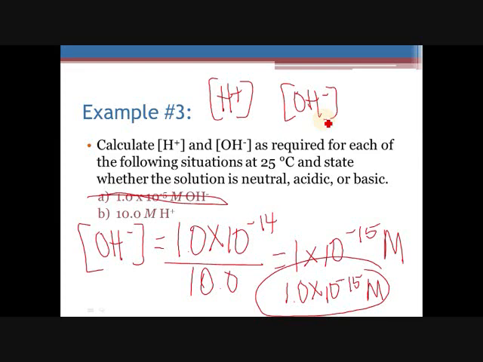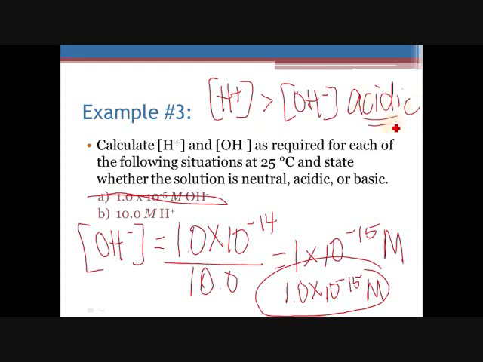Comparing the exponents, I've got negative 15 on my OH, which is very, very small, and then I have a 10, so I have greater than 1 here. That's extremely big compared to the OH. So the H plus is bigger, and since the H plus is bigger, that means it's acidic.